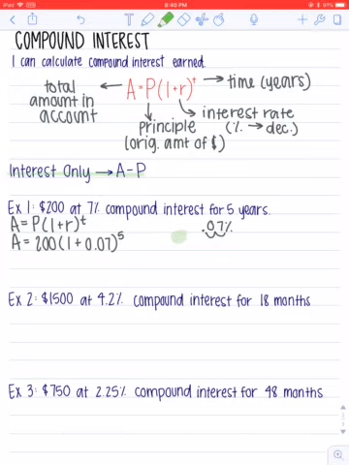Remember, it looks like this. You're going to push this button to get into the exponent part, and then you're going to type 5. Then you hit execute. You're going to hit enter. And when you hit enter, you should get, for your total amount in your account, $280.51.